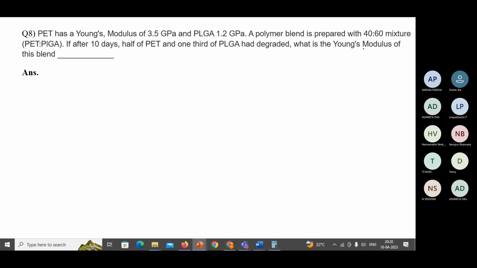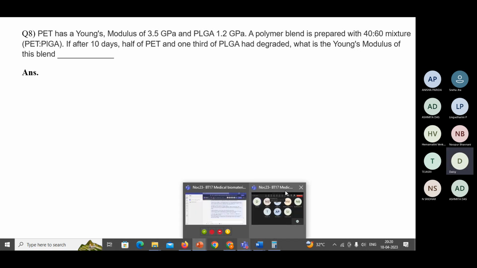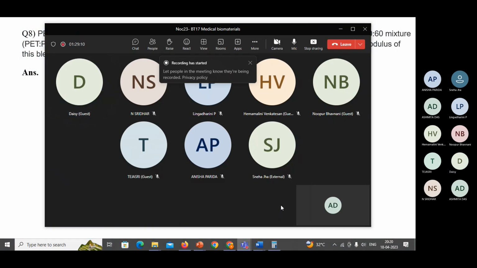Anyone able to solve this question? Daisy? No, ma'am. And Sridhar, anyone able to lead how to solve this question?